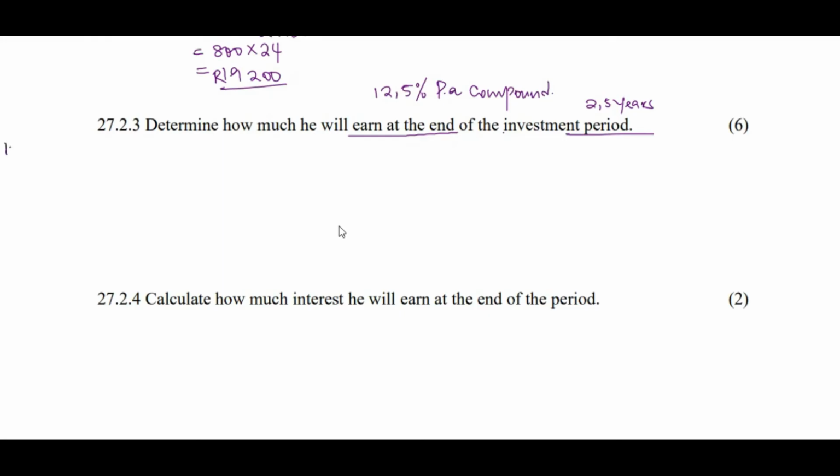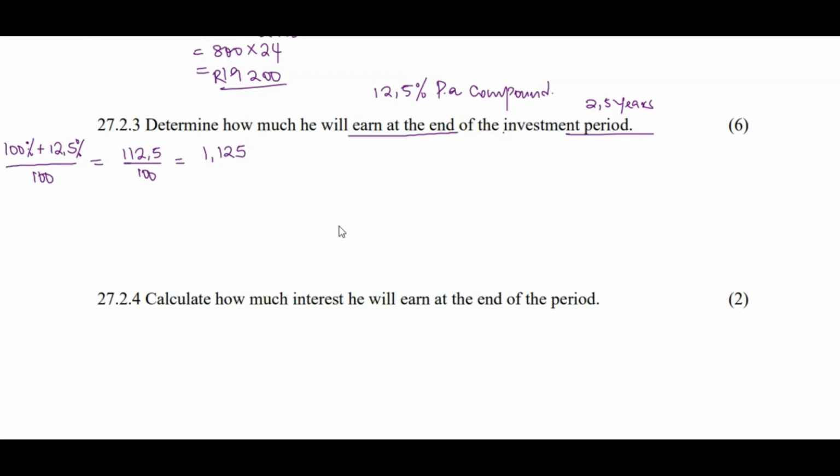You take 100% plus the interest at which it's increasing, percent divided by 100, which will equal 112.5 over 100. This is the same as 1.125.